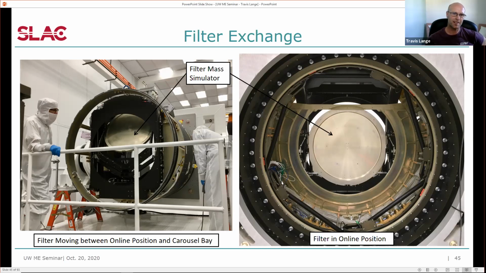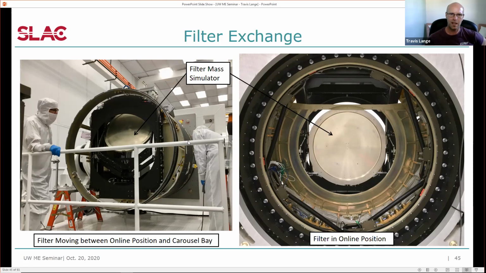The reason for this, by the way, is that on most camera systems on telescopes, when they have filter changers, the filter changer is just a series of filters in a row on a shuttle, and it just goes back and forth. The challenge with this particular one is that the beam line of the telescope actually comes right past the edge of the camera body here.